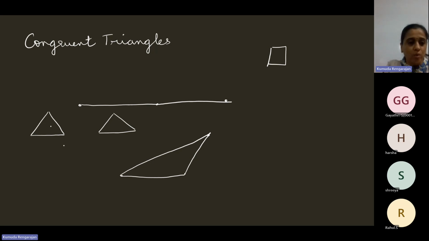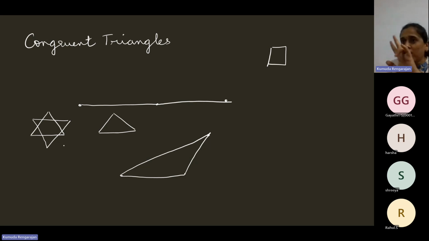If you place this one over this like this, they'll not coincide. You're deliberately placing it in a different way. You should place them so they coincide. So you must rotate and make the corresponding vertices or the corresponding sides sit on one another.